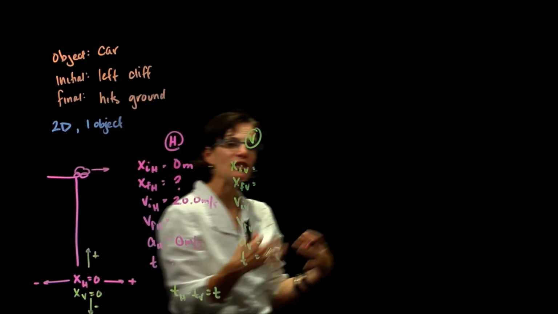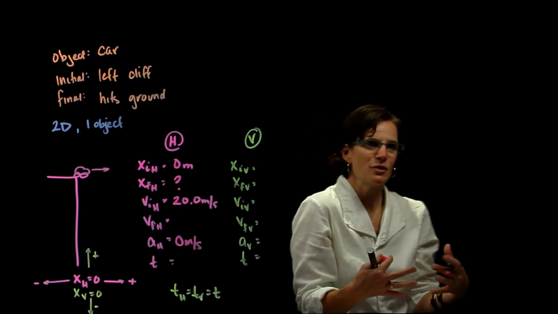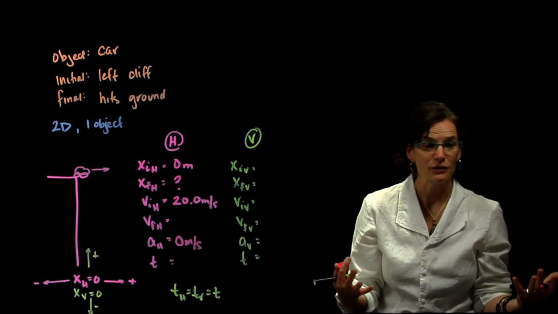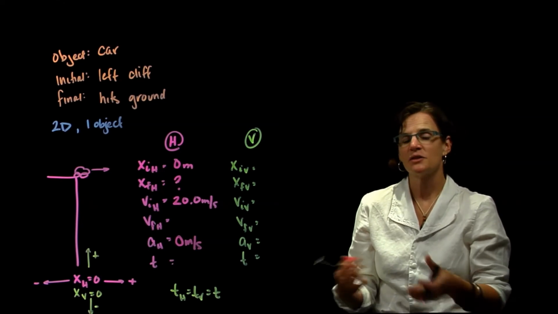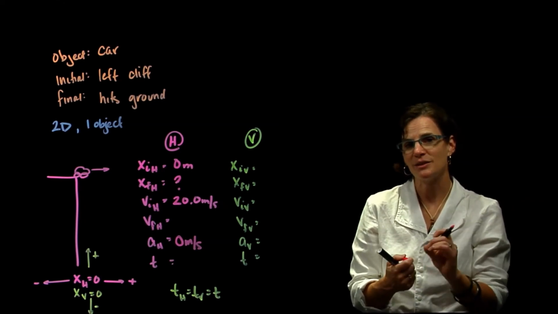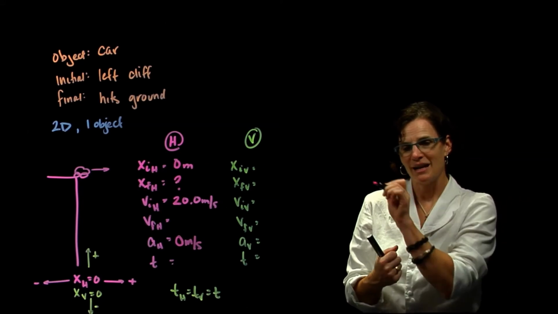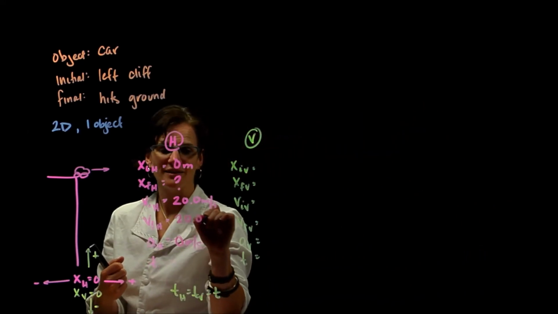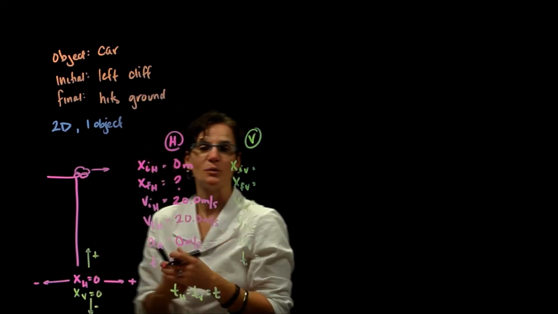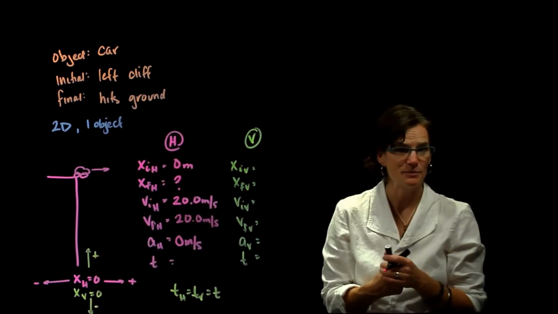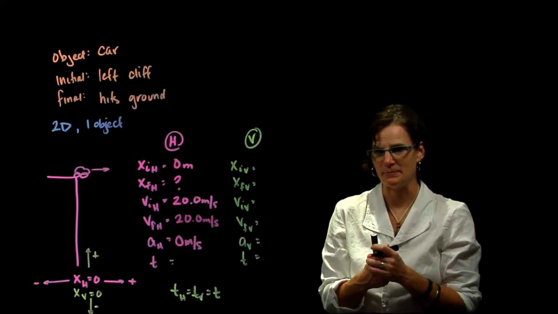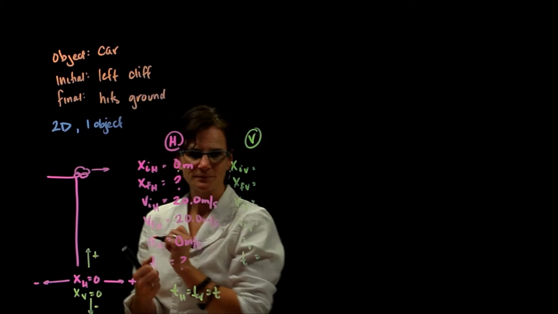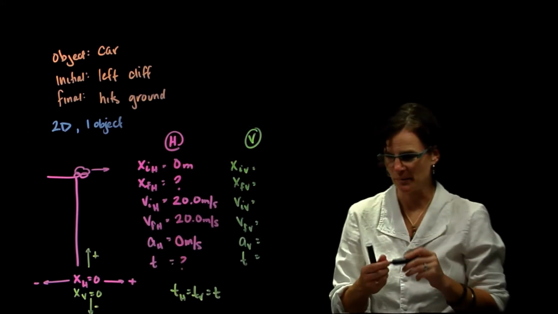Nothing is changing the motion horizontally. There's no influence on that motion like there is in the vertical direction with gravity. So the horizontal acceleration is going to be 0 in our projectile motion. And if that's 0, our initial and our final velocity are actually the same, and so we don't see a difference between them. And our time for the whole motion, well, we're not given that. So we're going to leave that as a question mark.